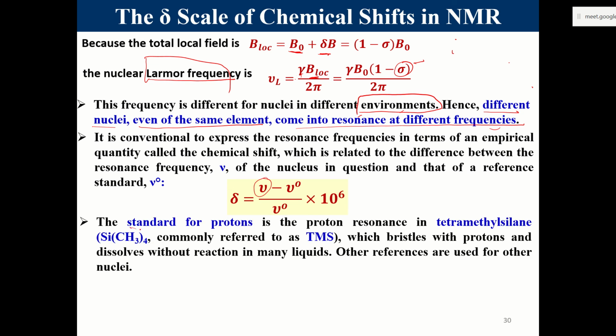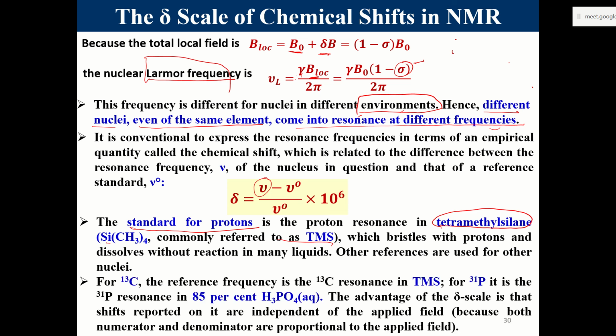The standard for protons is tetramethylsilane, TMS in short. So four methyl groups attached to silicon. That's how you look at it. Understand this? Other references are also there. For 13C, again this is the TMS, but in this TMS the carbon of the CH3 group is 13C.